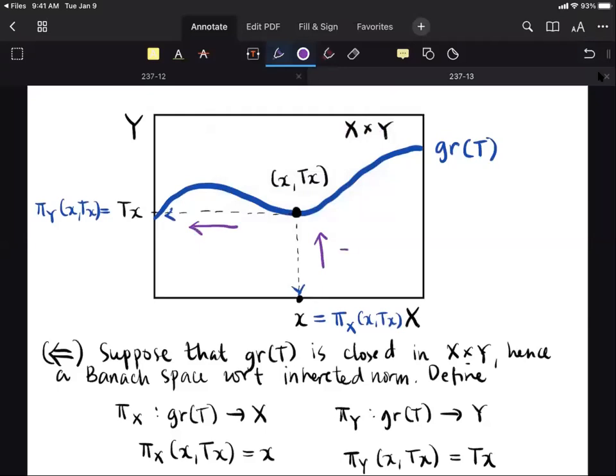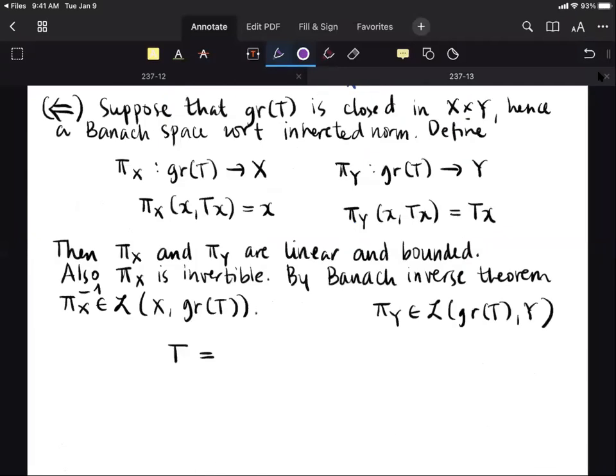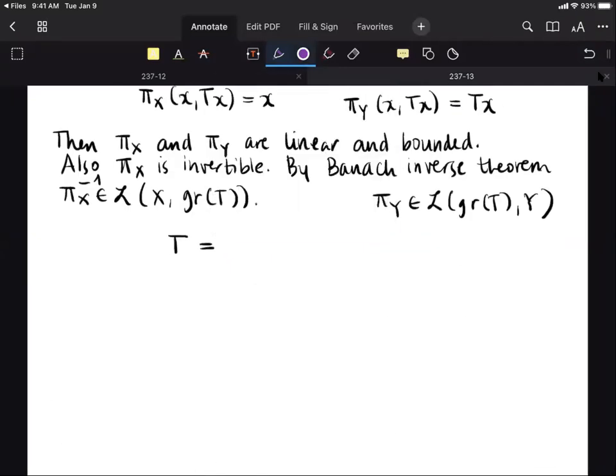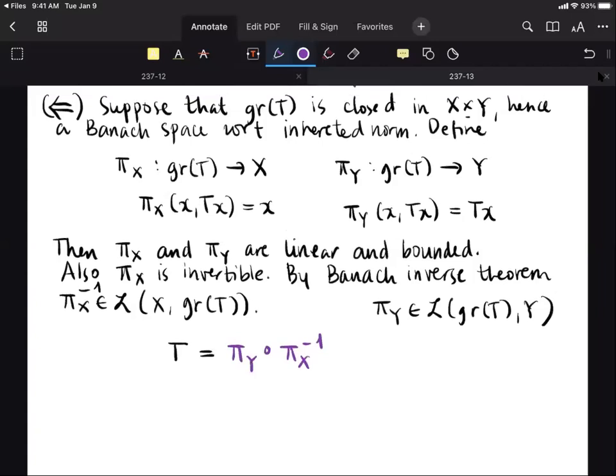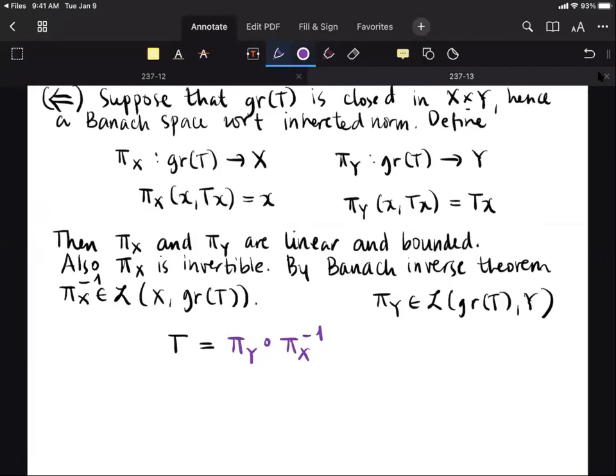More precisely, you take the inverse of the projection on x, and then you compose this with pi y to get T. So instead of sending x to Tx directly, we go to the graph first. So here, T is the composition of the inverse of the projection onto the x component, followed by the projection onto the y component.